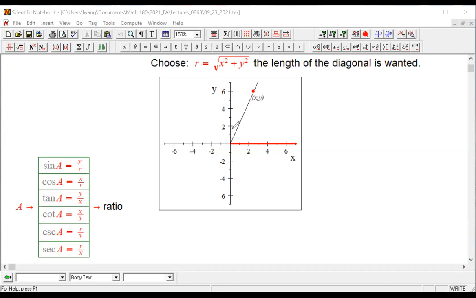This is x, right? And that is y, right? Let's mark it. So we have the visual.